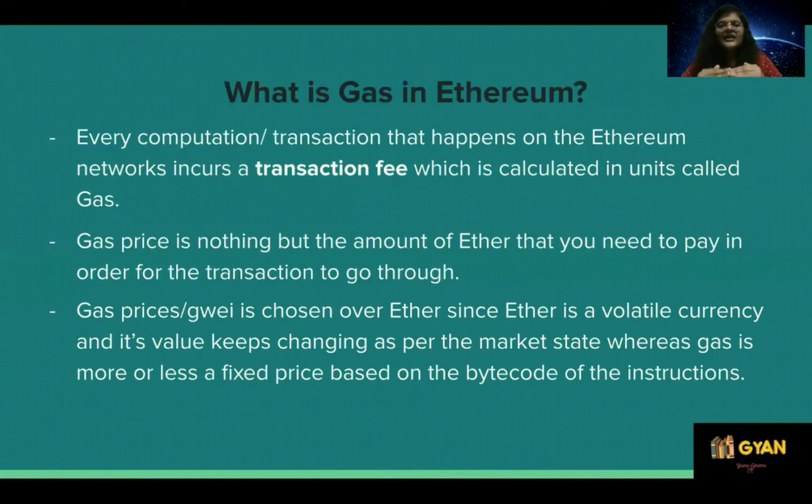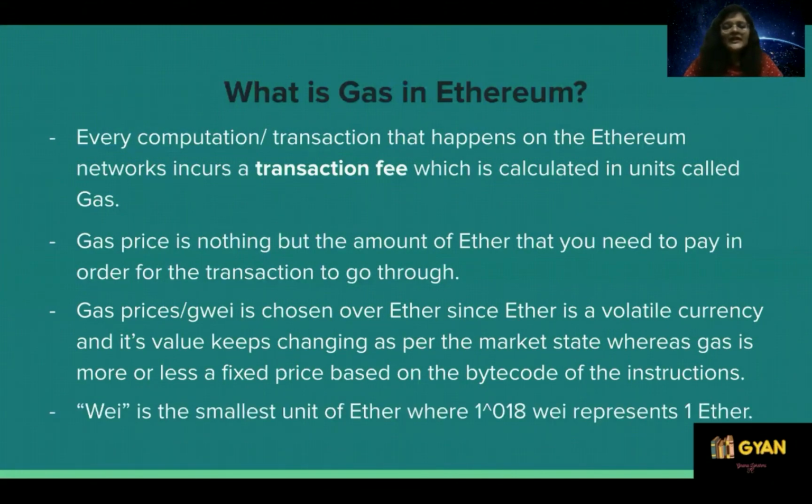And that's why we have another entity, that is gas, using which we calculate how much effort is required to deploy a particular smart contract, or to interact with some smart contracts, how much transaction fee should actually be paid, right? Now you might see the symbol GWEI, right?